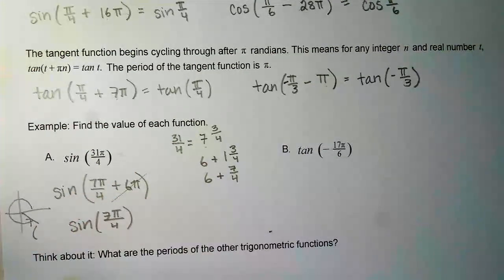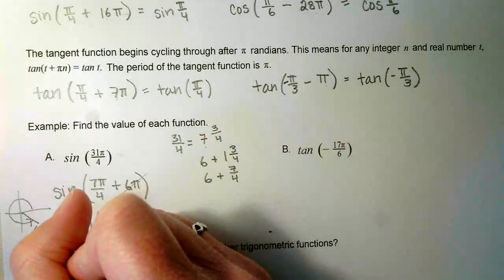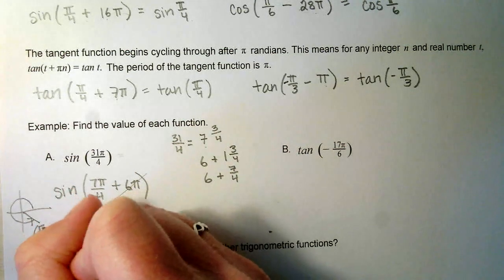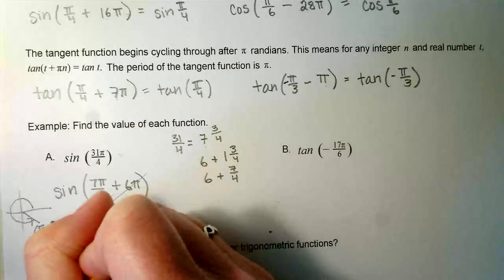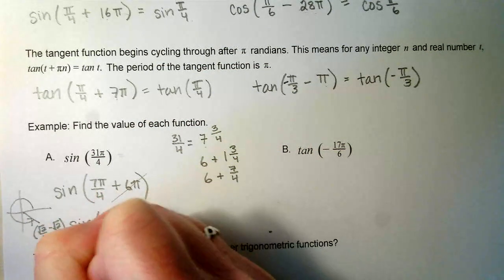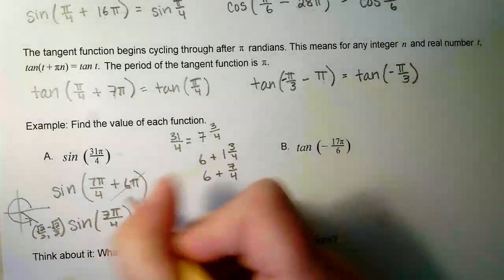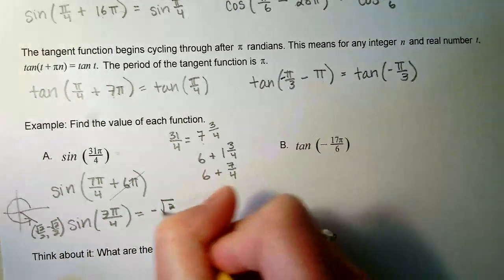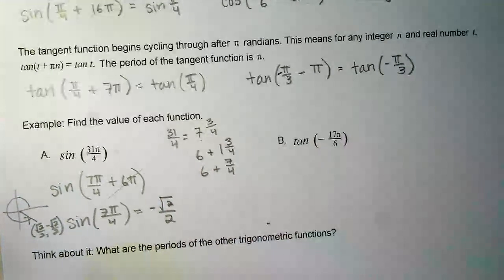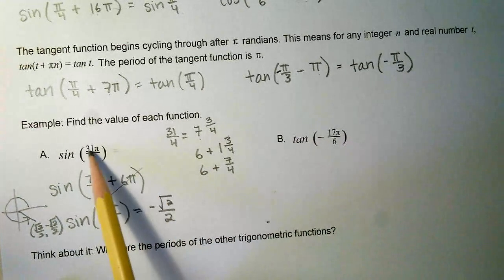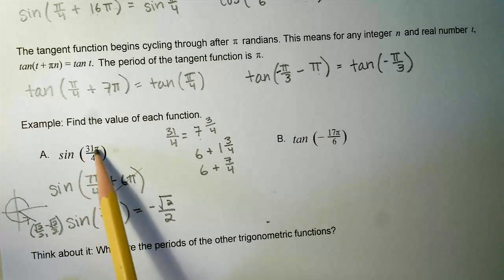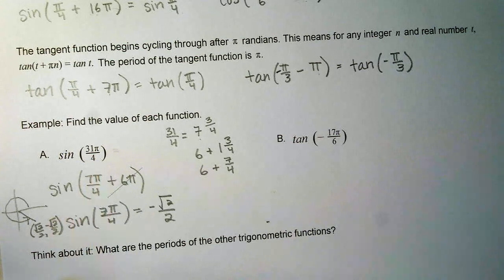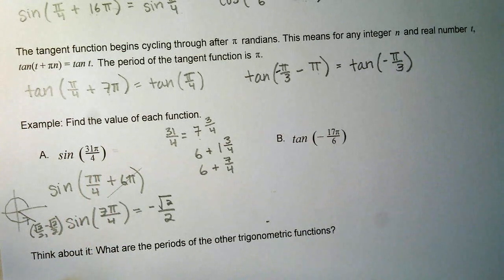I know from memorizing my unit circle that this is square root of 2 over 2, comma, negative square root of 2 over 2. So I know my sine is my y value, so this is negative square root of 2 over 2. Much faster than trying to count around the circle 31 pi over 4 times.